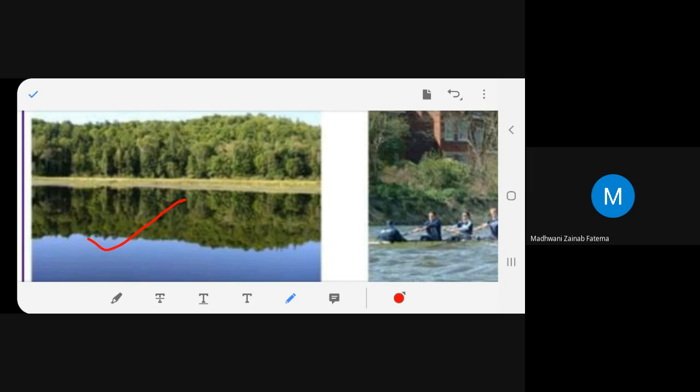First, what is this one? This is reflection, right? What type of reflection is it, beta? Is it diffused, regular, or irregular reflection? Regular reflection. Okay.